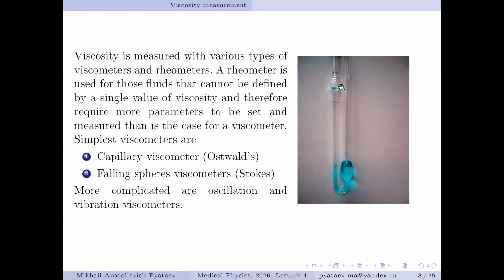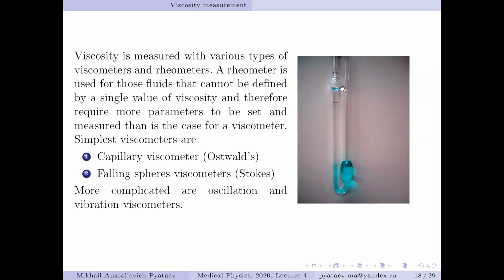So since h changes, the pressure changes, and that's why we cannot directly apply Poiseuille's law for all the moments. That's why this viscometer is based on comparison of two liquids.